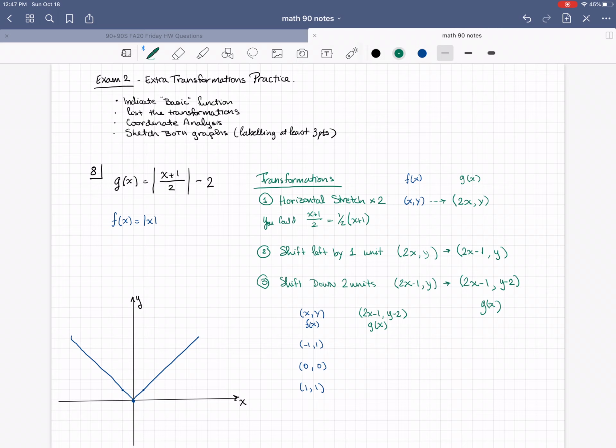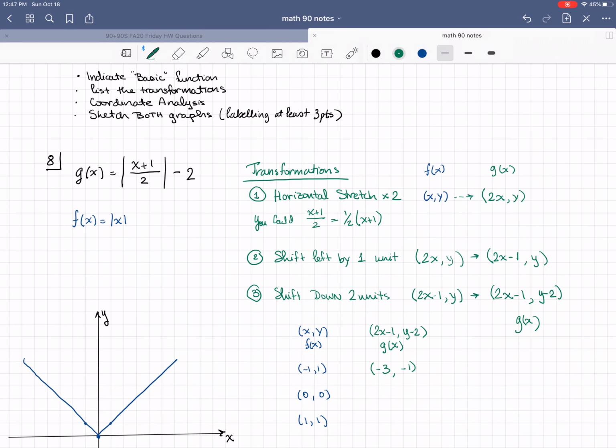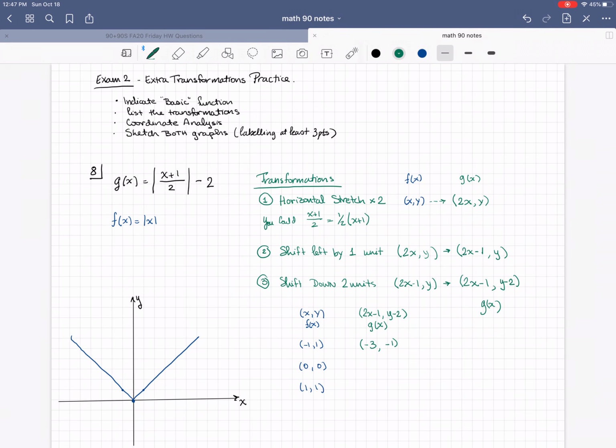Okay, so where does negative 1, 1 end up? Well, if x is negative 1, 2x minus 1 is negative 3. And then if y is 1, y minus 2 is negative 1. 0, 0. If x is 0, 2x minus 1 is negative 1. And if y is 0, y minus 2 is negative 2.